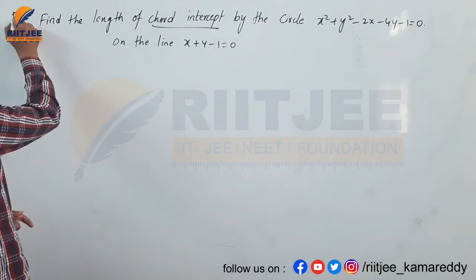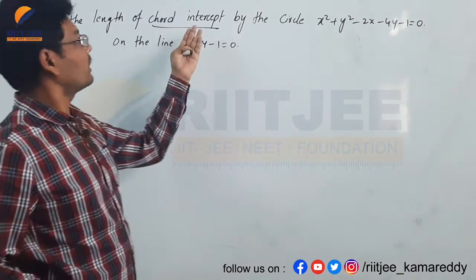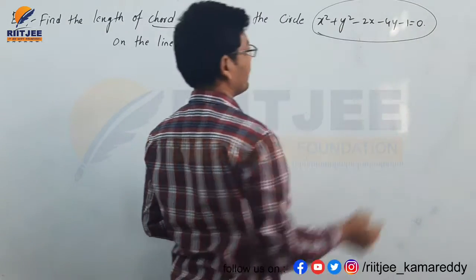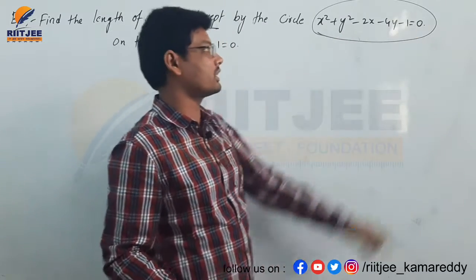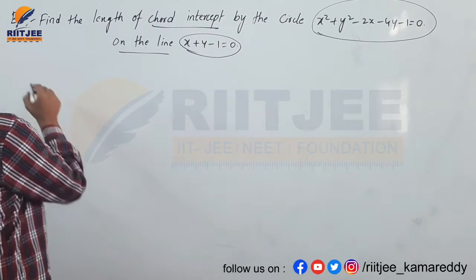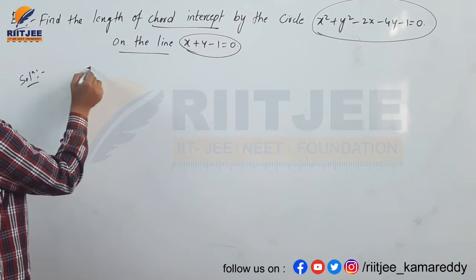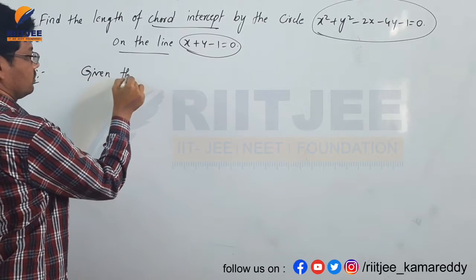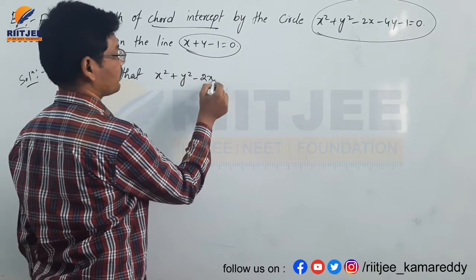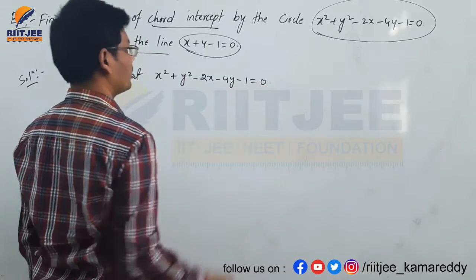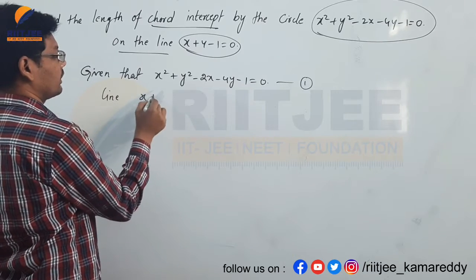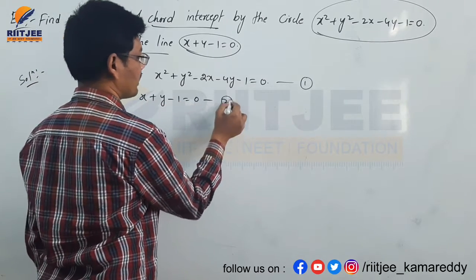Find the length of chord intercepted by the circle S equal to 0, x square plus y square minus 2x minus 4y minus 1 equal to 0, on the line x plus y minus 1 equal to 0. The solution: given x square plus y square minus 2x minus 4y minus 1 is equal to 0, this is equation number 1, and the line equation x plus y minus 1 is equal to 0, this is equation number 2.